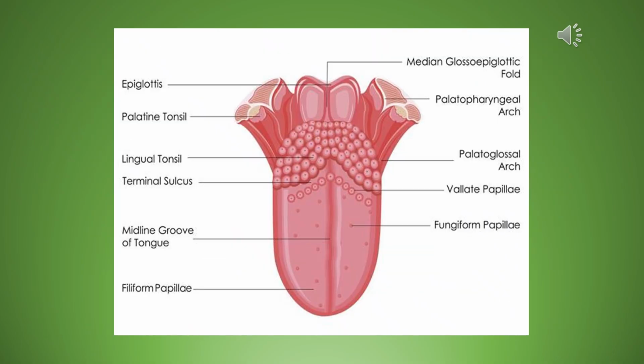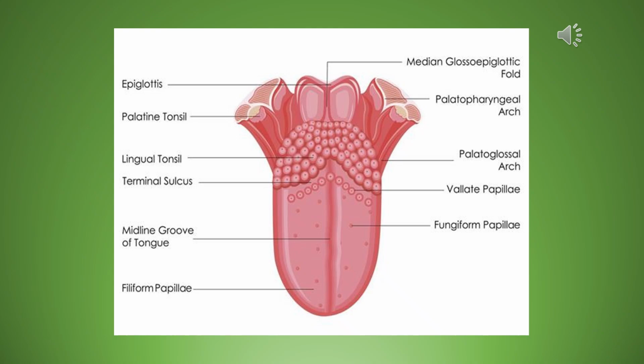Well, if you stand in front of the mirror and stick your tongue out, you can see that the tongue has coming off of its surface all sorts of little projections and bumps and mounds. Those are called papillae. We have four types of papillae. The ones that are most numerous, that kind of give the surface of the tongue the appearance of carpet, are called filiform papillae.